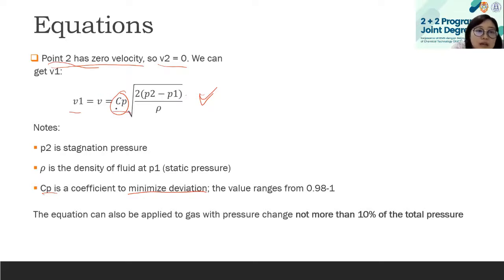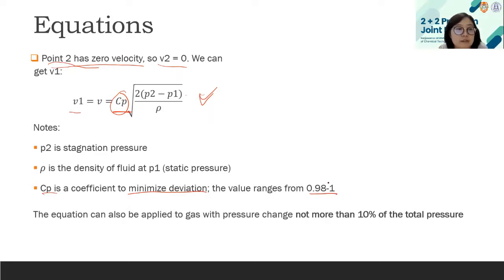This CP is a coefficient that will be given in the problem. The value ranges from 0.8 up until 1, depending on the problem, and usually it will be known in the question.